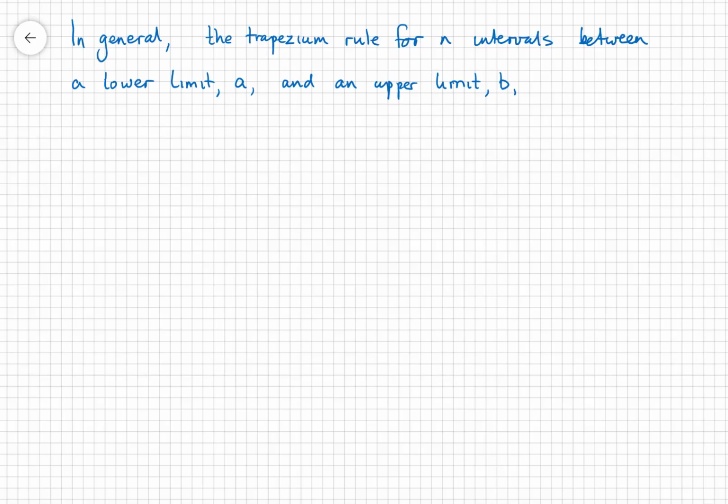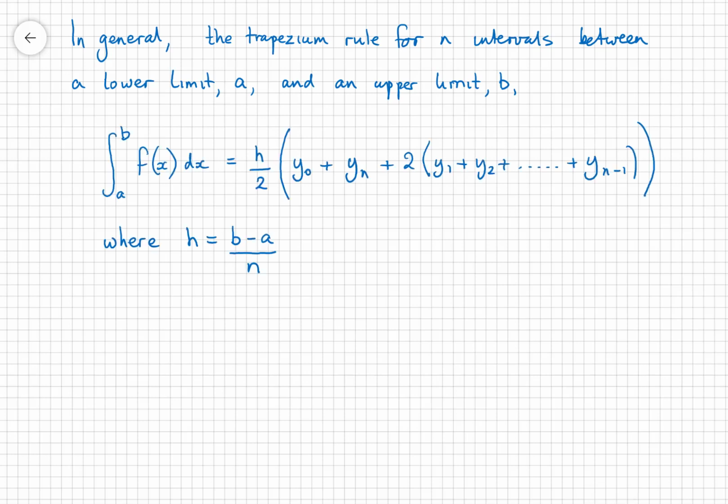And we can now generalize that idea and say that if I have a function and I want to integrate that between a lower limit of a and an upper limit of b by dividing it into n trapeziums or n intervals, then the trapezium rule would look like this, where the integral is found by doing h divided by 2, and then inside the bracket y0 plus yn, the first and the last y coordinates, and 2 times all of the others, y1 plus y2, all the way down to yn minus 1.